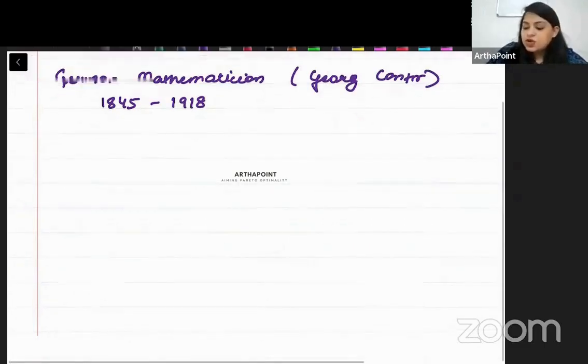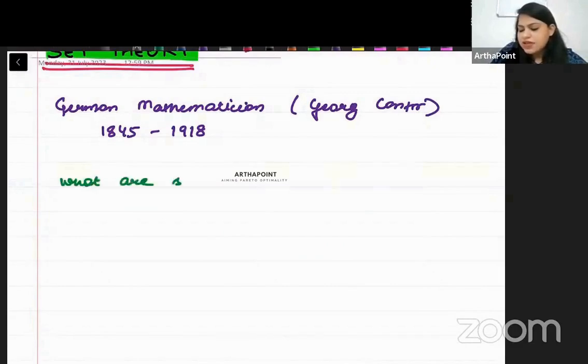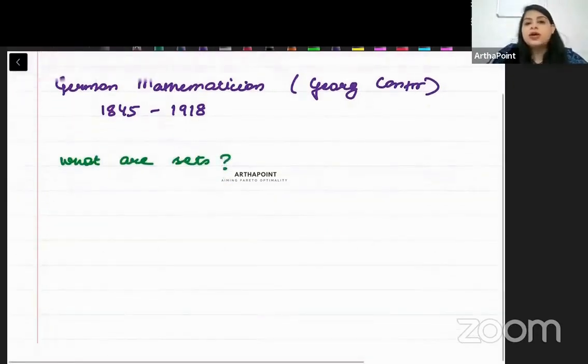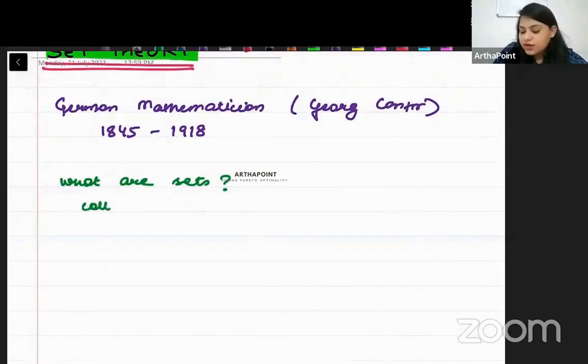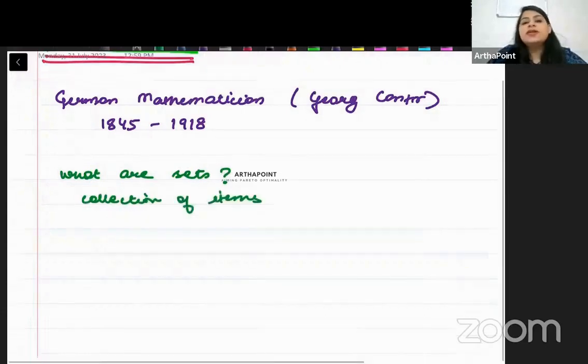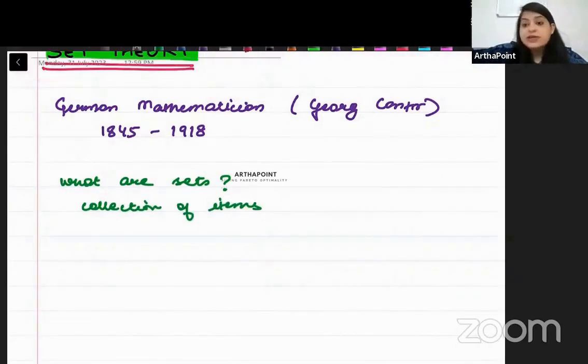Now I want to start by talking about what is a set. The question we are asking today is, what are sets? The most basic question is, what is a set? Whenever we do a collection of items, these can be anything: a collection of cards, a collection of a cricket team, a collection of natural numbers, a collection of prime numbers in maths.